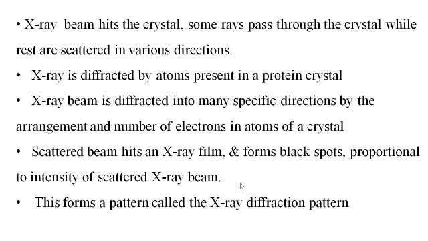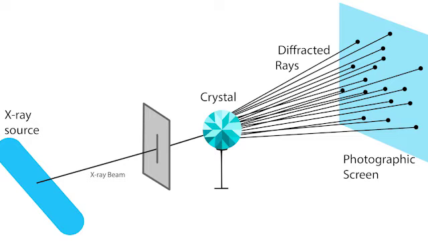To illustrate the same procedure, now here is the source which generates the X-ray beam. The X-ray beam then passes through a filter which generates monochromatic light. The monochromatic light is then focused on this crystal which is mounted on the capillary.